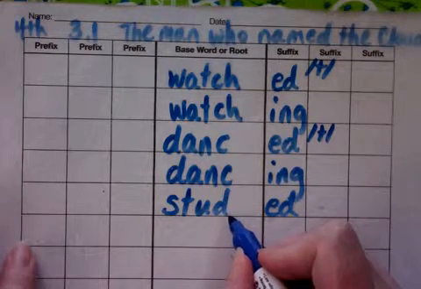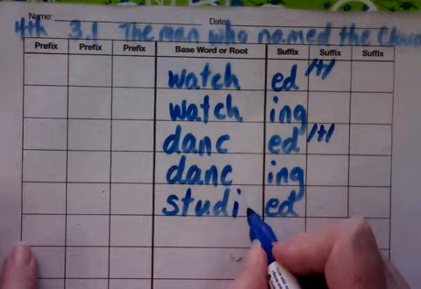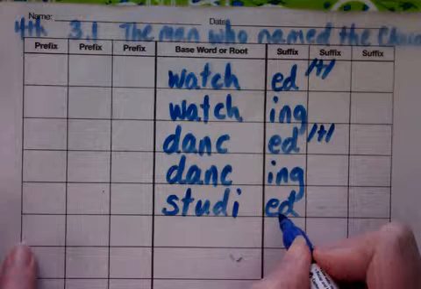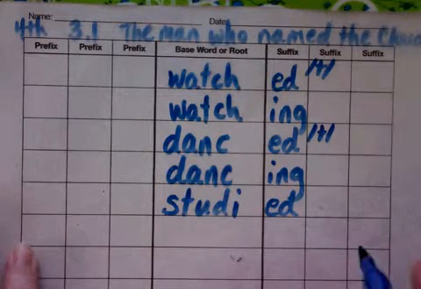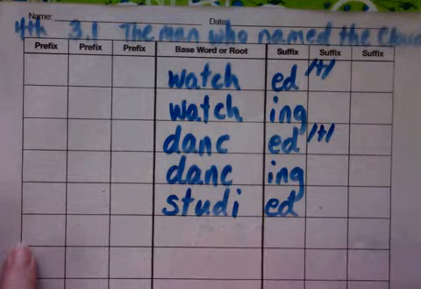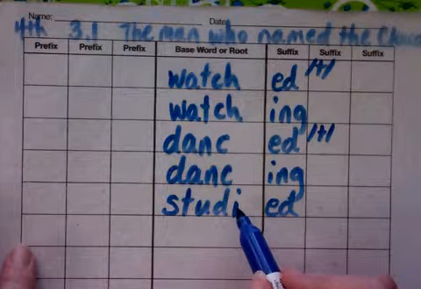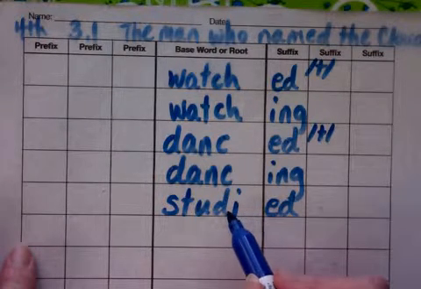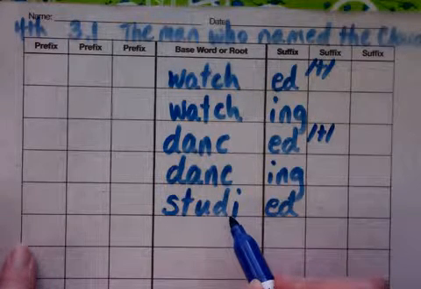So there's a consonant before the Y, so we change the Y to an I. There's no I beginning the suffix, so that's how we'll write the word studied. The I does not change the sound. It still says E, study, because the Y can say E at the end of a base word.